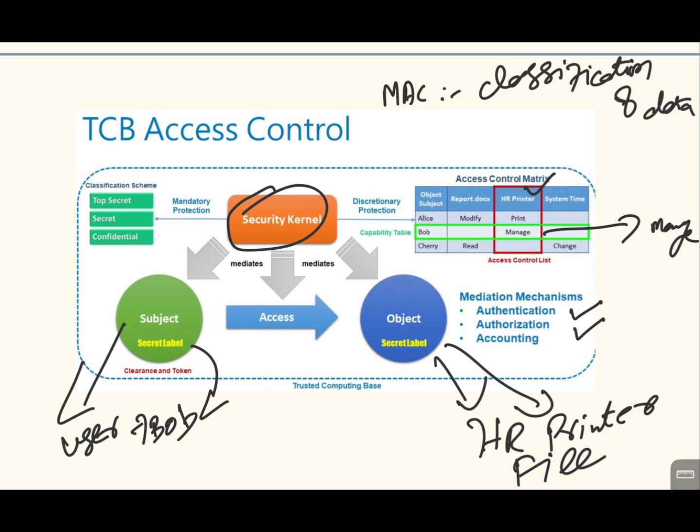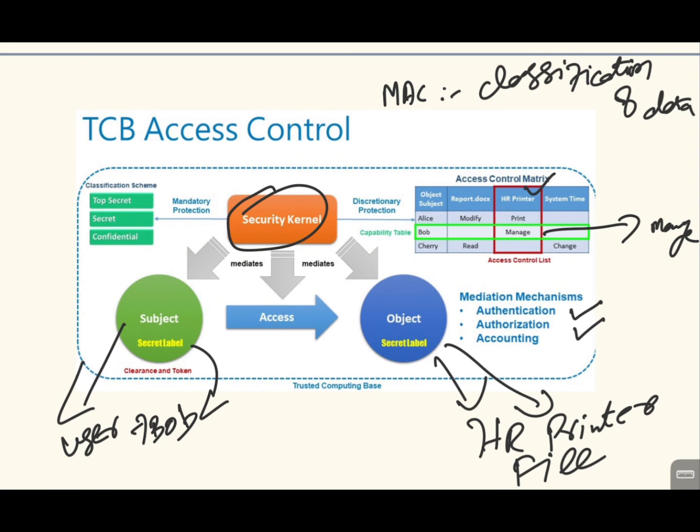The second step would be authorization. Now the security kernel checks Bob's security clearance level, right? Bob has a secret clearance level. The security classification of the HR printer is also secret. Since Bob has secret level clearance, he can request access. The system checks the access control matrix to confirm his manage permission, only manage permissions, right?